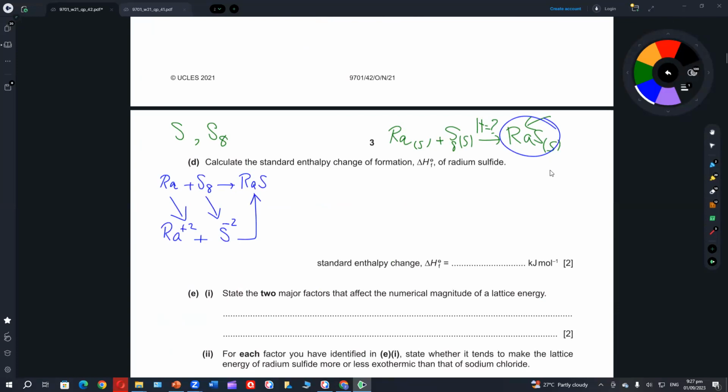So the diagram is ready. Let's say it's H, H1, H2, H3. How should I make the equation? H is equal to H1 plus H2.